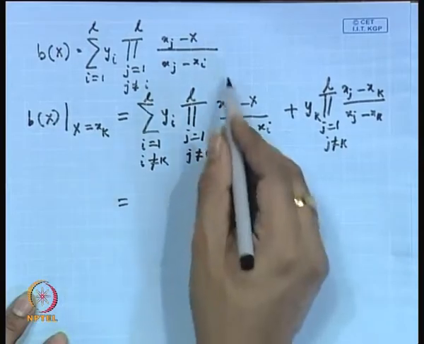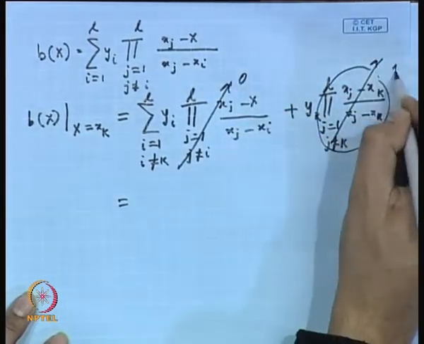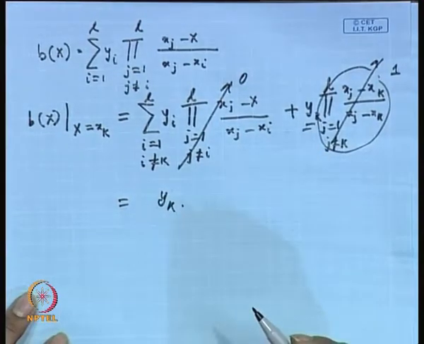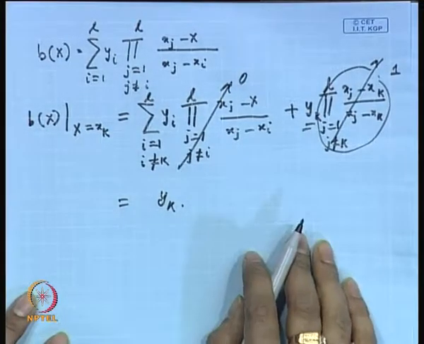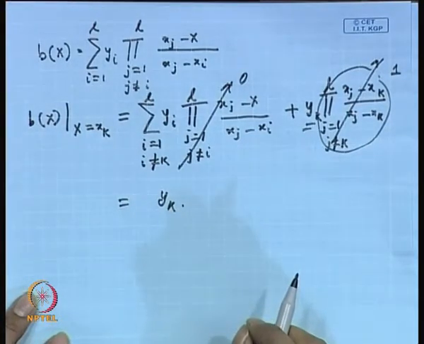Therefore this will go to 0, this will go to 1, and you will be left with only this point y_k. So this holds for any k, and therefore for all the L values the Lagrange's interpolation formula indeed gives us one such polynomial.